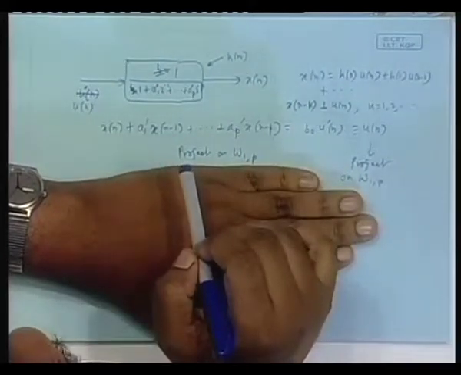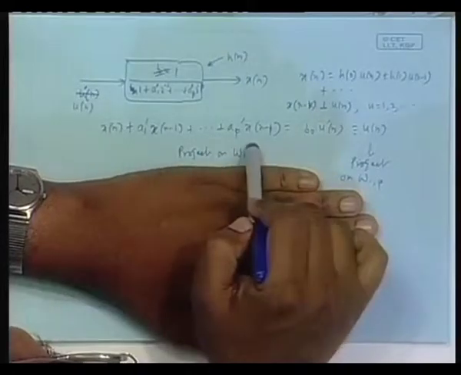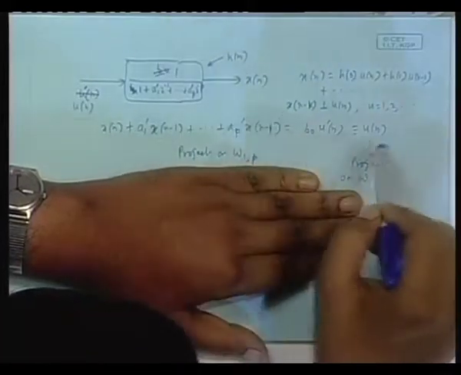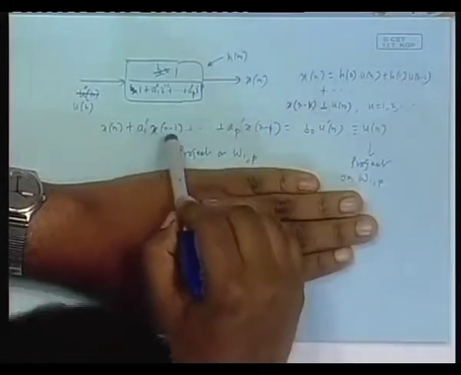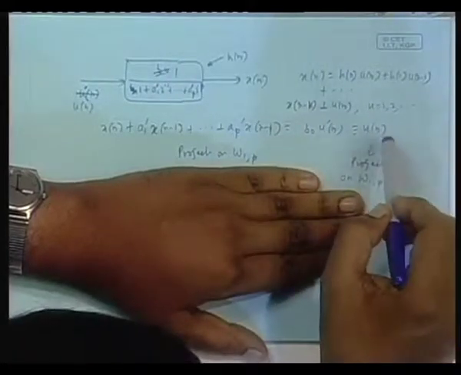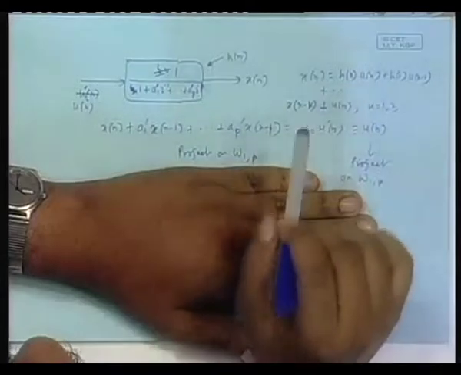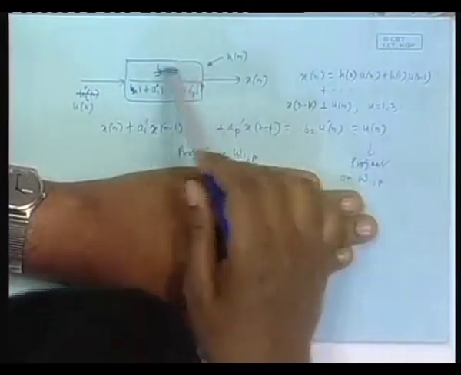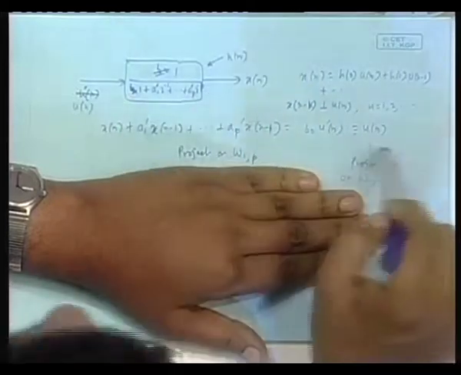Suppose I am doing pth order linear prediction, then xn, and if these are the predictor coefficients, then this is always equal to EPFN. EPFN is orthogonal to xn minus 1 to xn minus p. But now suppose it is not only linear prediction, I have also the AR model. So, for the case of AR model, I also have the same equation.